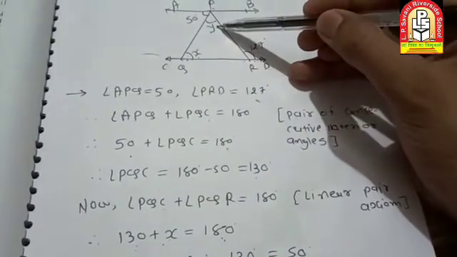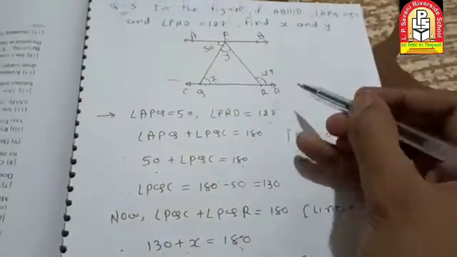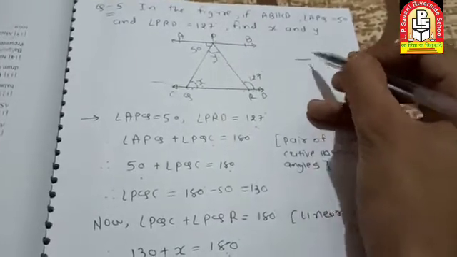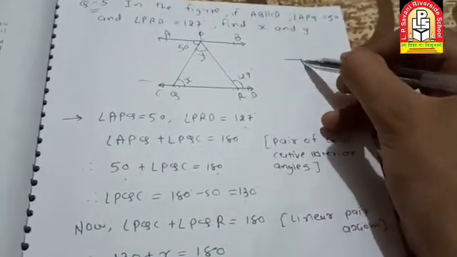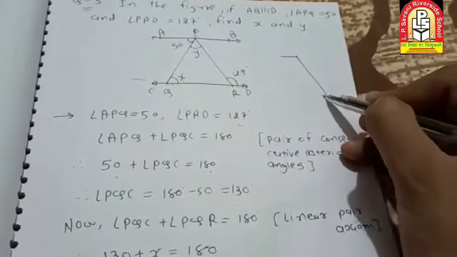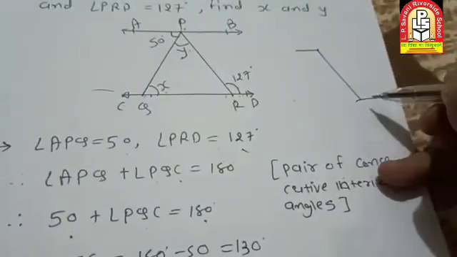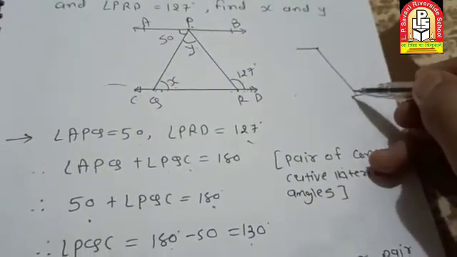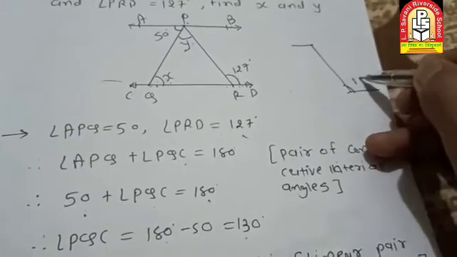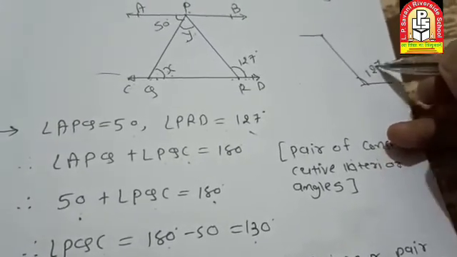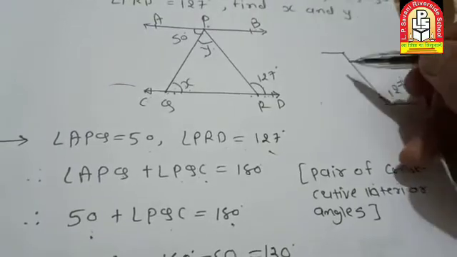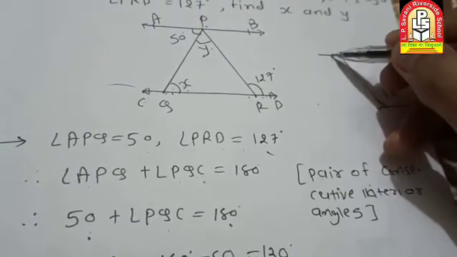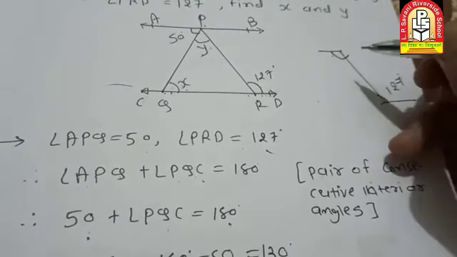is equal to 127, because by using the alternate angle property, you can see that the angle PRD is 127 over here, and this angle is also 127.